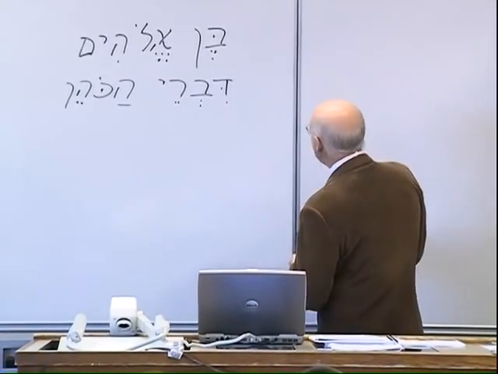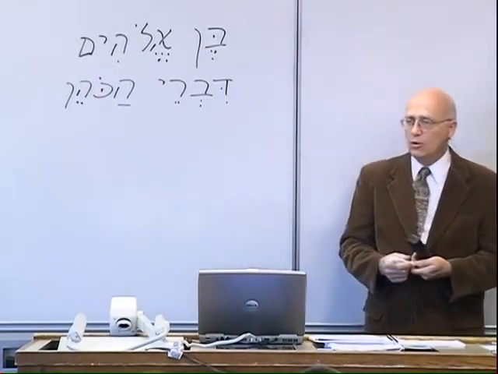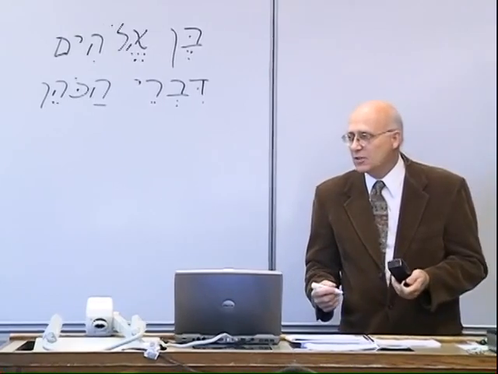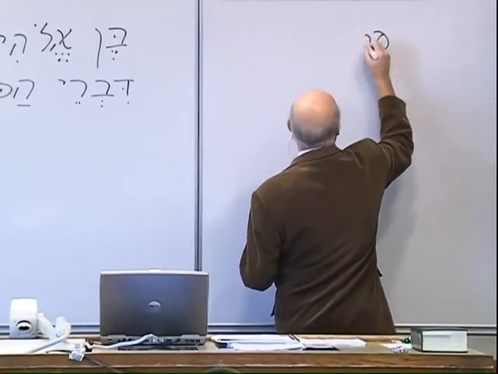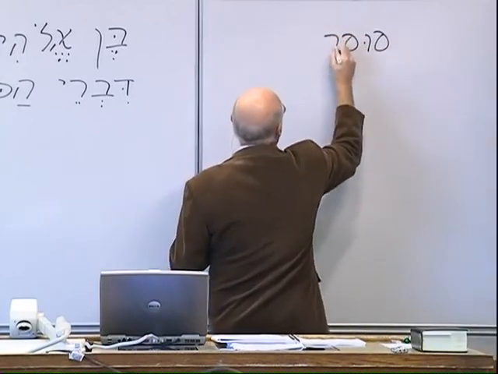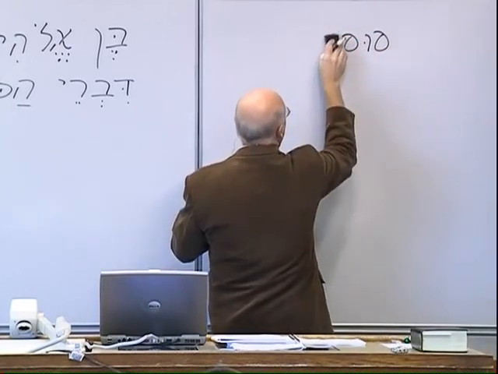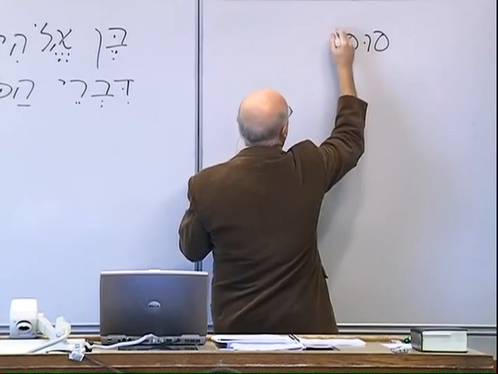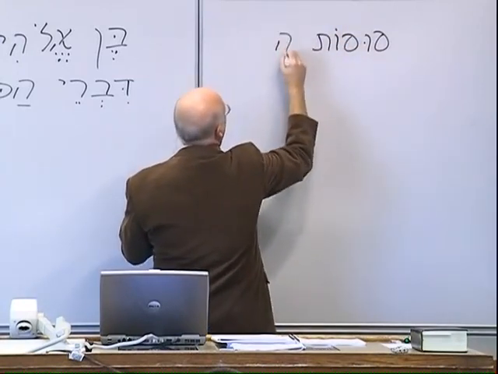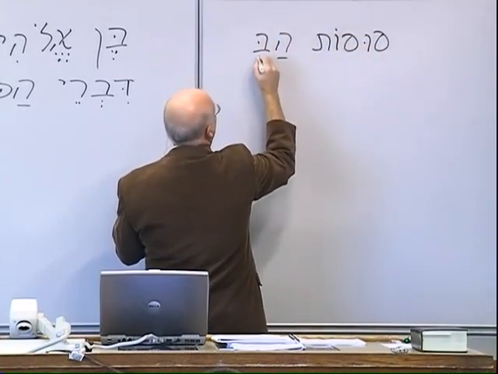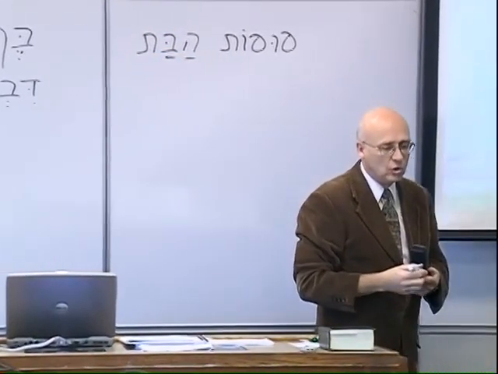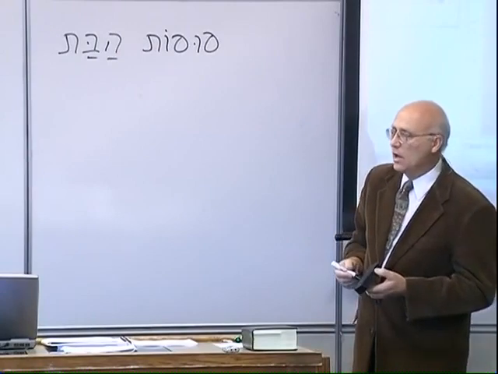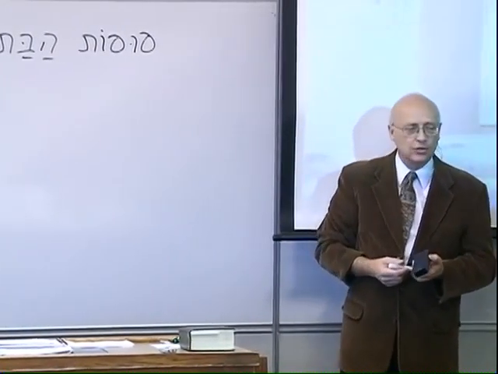All right, the mares of the daughter, Jeff? Susot, had that. Okay, Susot Habat. Susot doesn't change in the construct. Doesn't change in the construct.